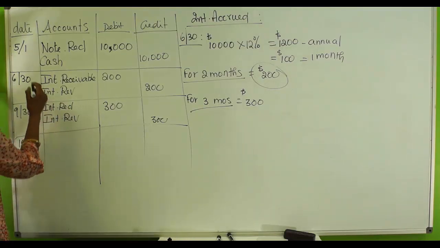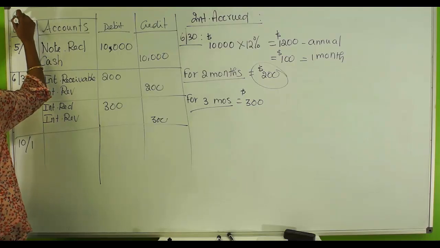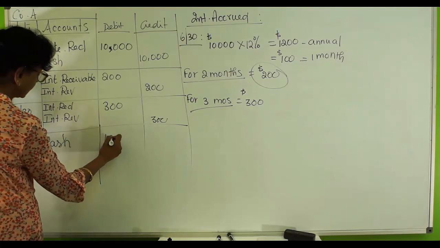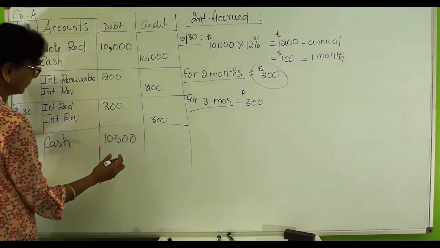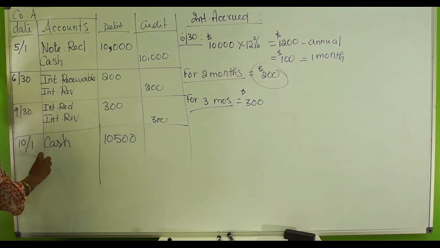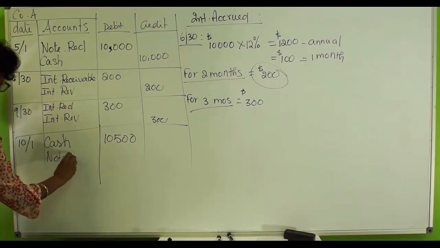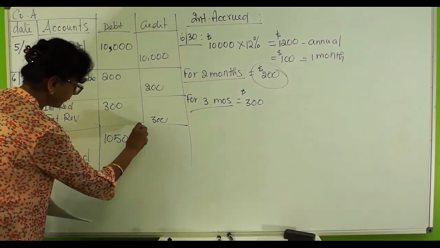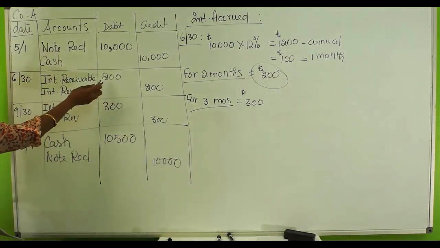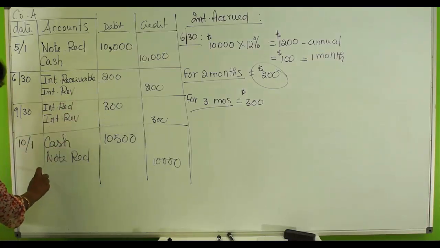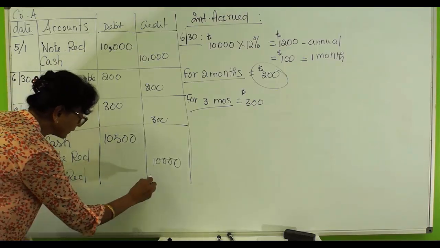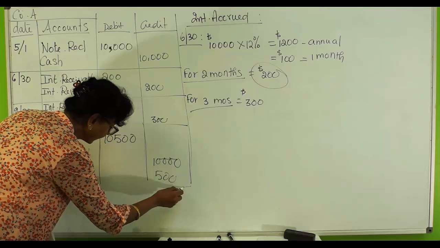So for Company A, Company A is going to receive $10,500 cash from Company B. So you debit cash for $10,500 and then it's collecting the note. So you credit note receivable for $10,000 and then the total interest receivable is $500. That is also collected. Therefore you credit interest receivable $500.